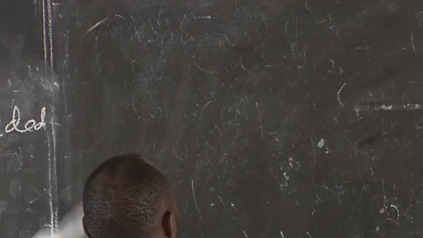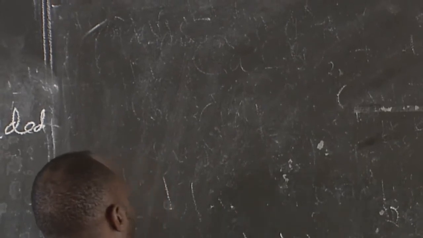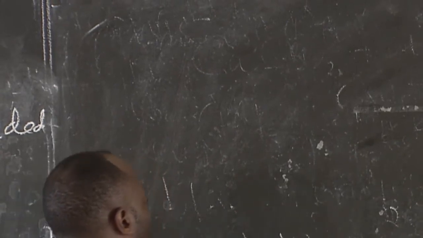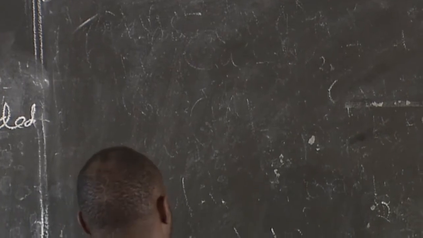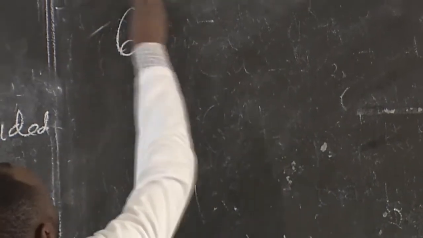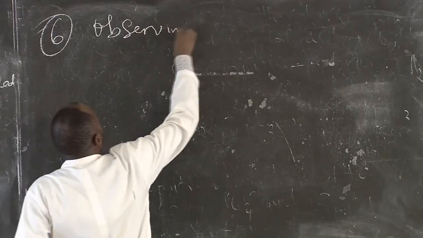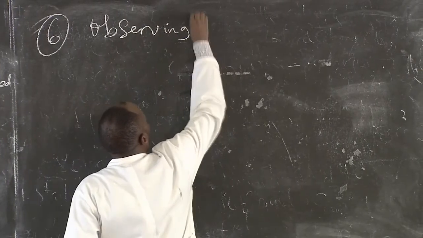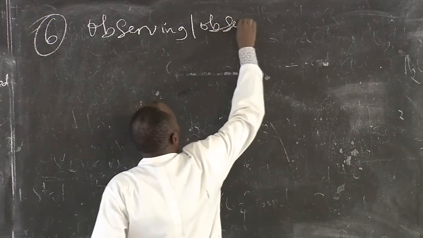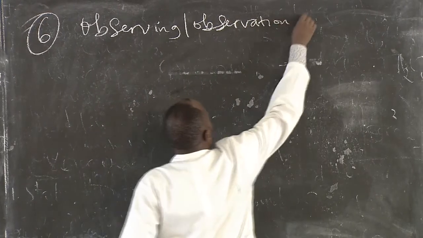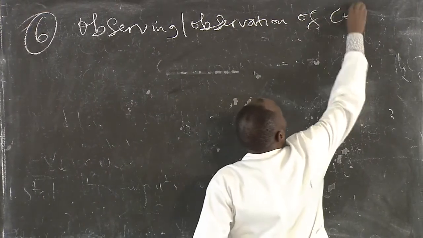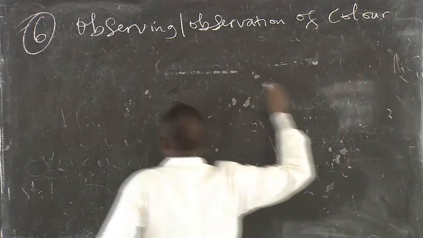So I've mentioned the 5 steps of how to test for non-reducing sugars. Number 1 is as I mentioned. Then number 6 we're going to do is observation of color changing.